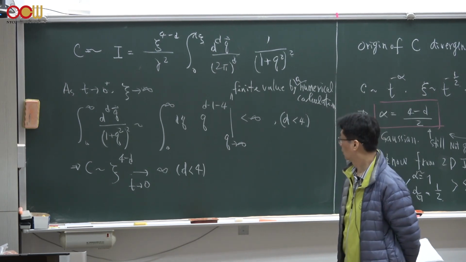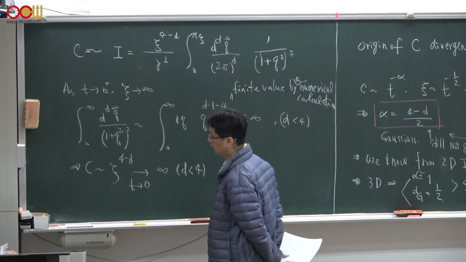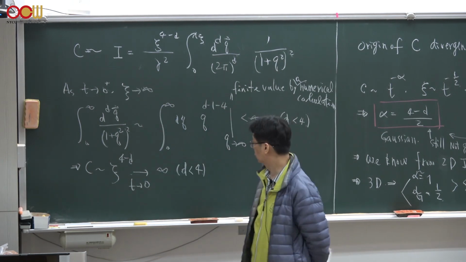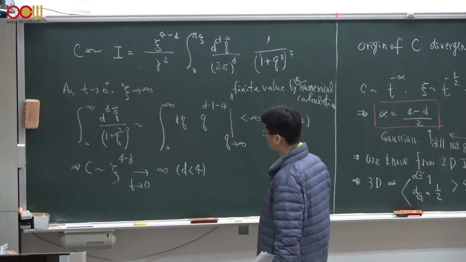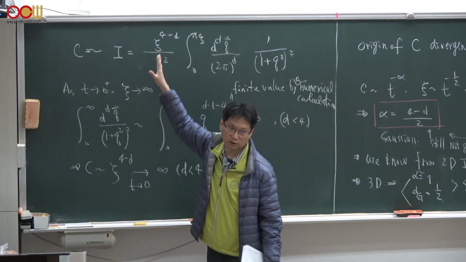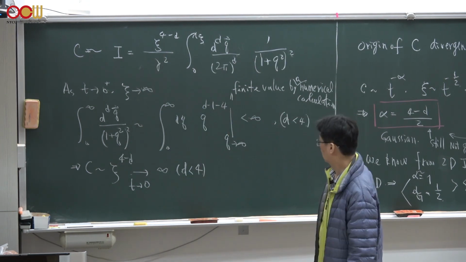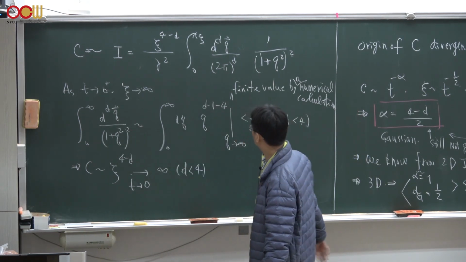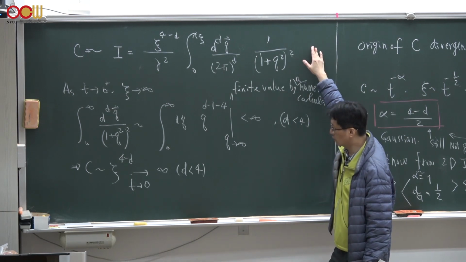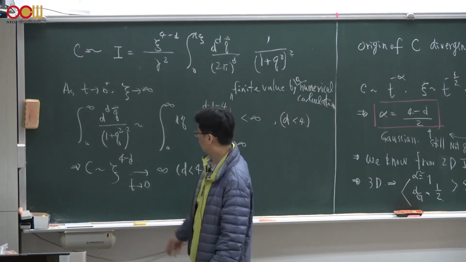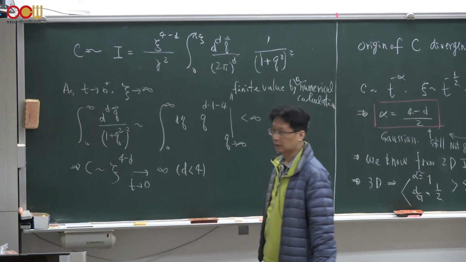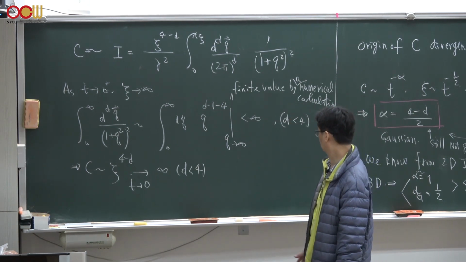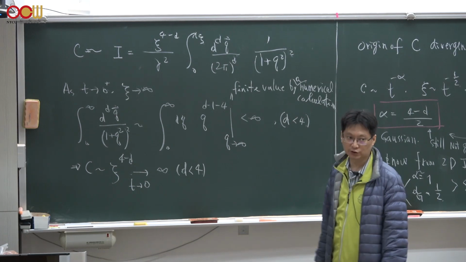As little t goes to 0 and the transition temperature is reached, the correlation length diverges, and we should examine how this factor I diverges in that limit. We can do the power counting of this function of q, since the q integration is from 0 to infinity, so it may or may not be divergent. It depends on dimensionality.